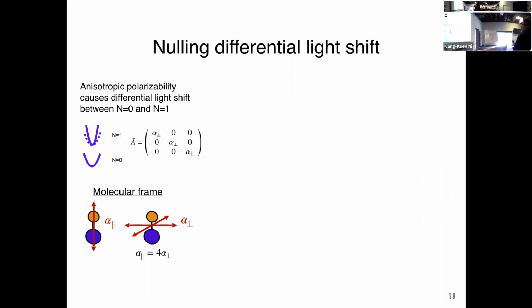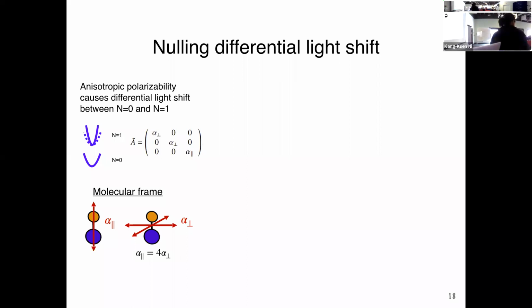It turns out molecules, visualizing this picture, have different polarizability depending on whether we polarize them perpendicular to the axis of the molecule, or parallel. And these values can be calculated from Olivia's Deleuze paper. But in general, for example, for NaCs, this parallel polarizability is 4 times bigger than the perpendicular at the wavelength that we care about.